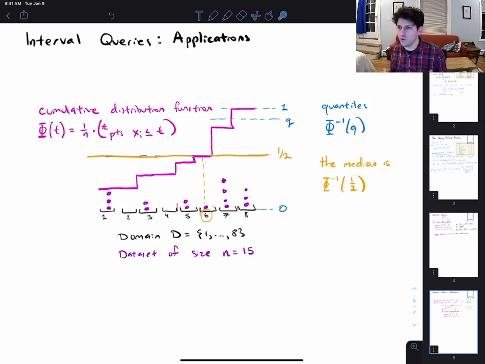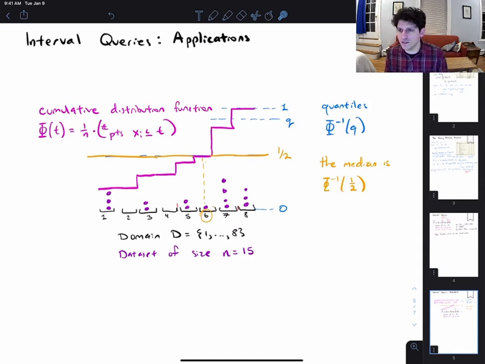The q quantile is something like, for what number t are qn people below t. So for example, the median is the 0.5 quantile of the data, and people talk about things like the 75th percentile. That's saying, what is the number t such that 75% of the people are younger than age t, if this represents ages.